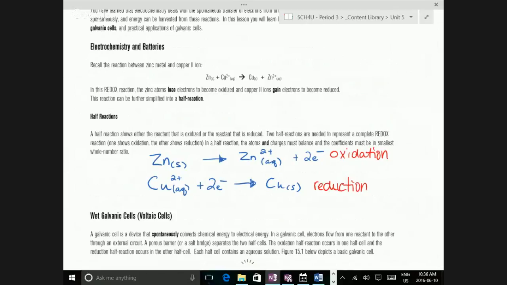If I put those two things together, what's going to happen? Sure, they'll react and they'll go to completion. Now, even though electricity will have been involved, can I harness that electricity if I just put them in one container together? No.